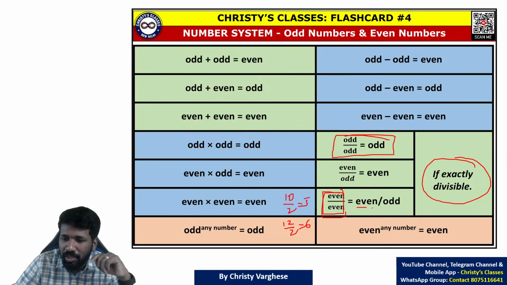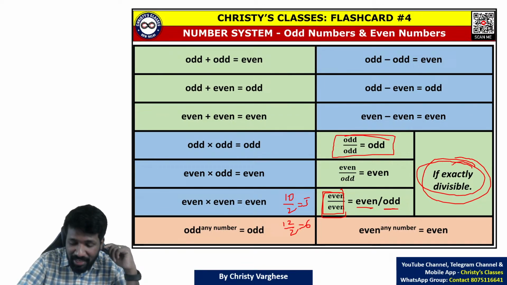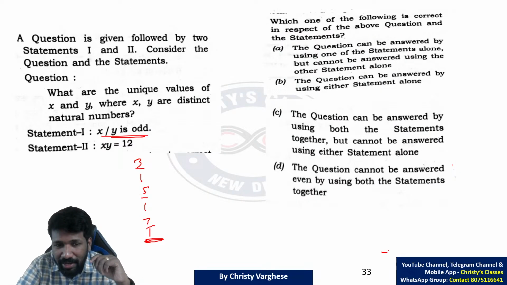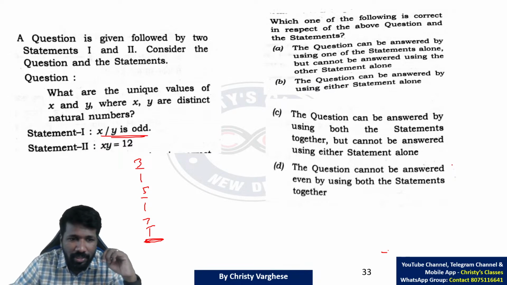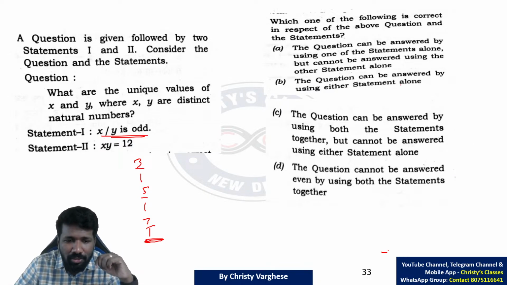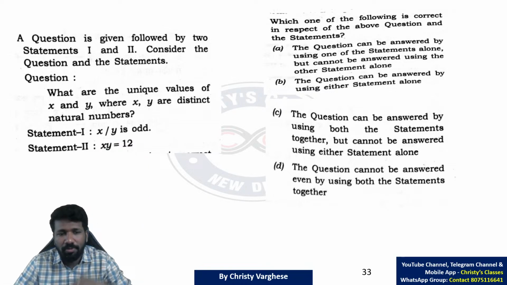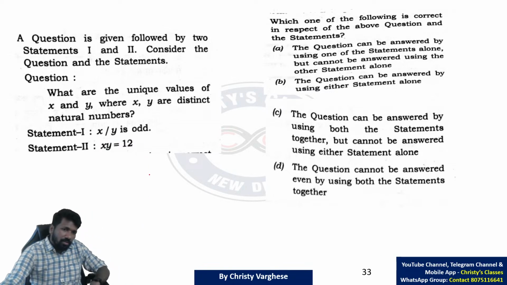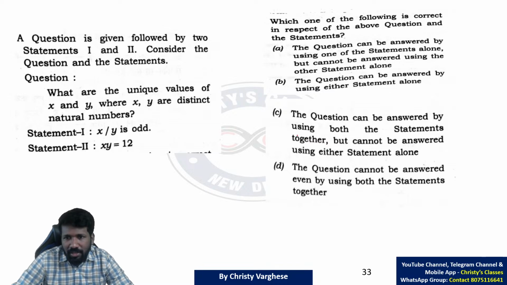Even by even can be even also, odd also. Again, all this is true only if it is exactly divisible, because if it is not exactly divisible, it is not a natural number at all. So anyway, x by y being odd does not give you clarity on what x and y are, because there are infinitely many possible values of x and y. So statement 1 alone is not enough.